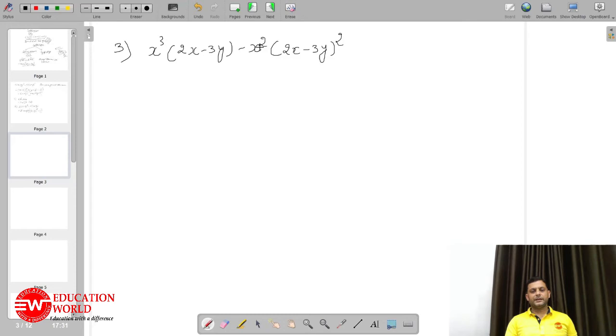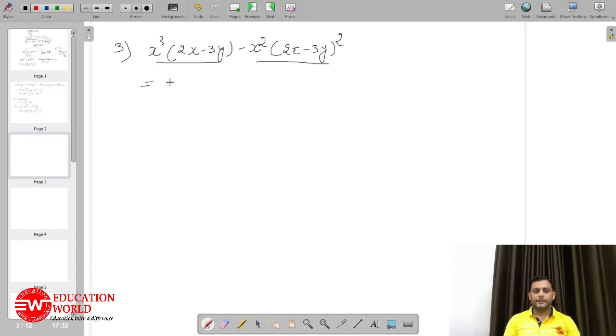So x cube, x square. So minimum is, this is one term, this is second term. It is very necessary that you know which terms, how many terms are there. Terms multiplied and divided we consider as one term. Separation by plus or minus will give us the next term.